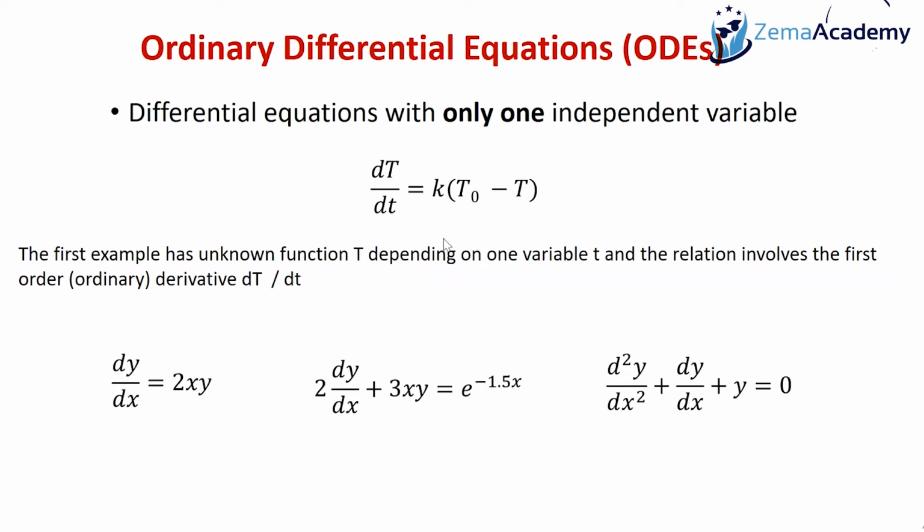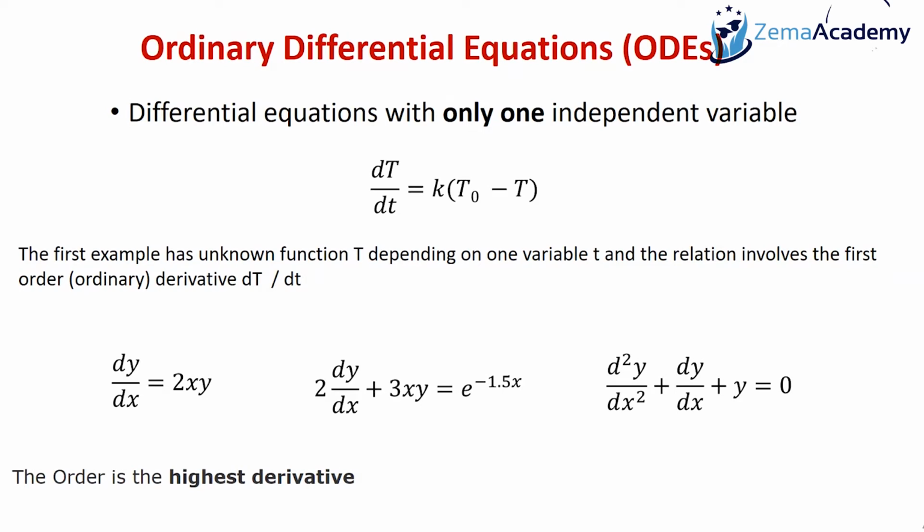Now, another thing that needs to be explained is the order of the differential equation. When we talk about the order of a differential equation, the order means the highest derivative in the equation.